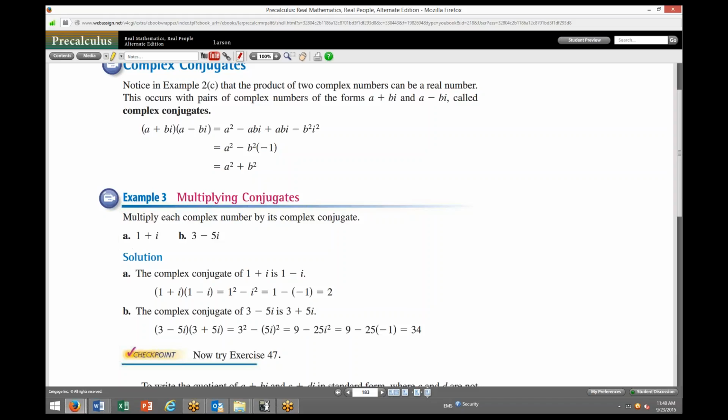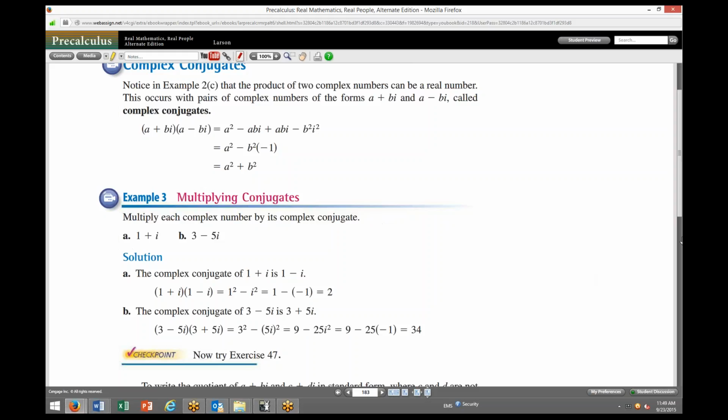So the product of that complex number and its conjugate is just going to be 7 squared plus 4 squared. 49 plus 16 is going to be 65. And you can work that out yourself and see that that's true. 7 minus 4i times 7 plus 4i boils down to just 7 squared plus 4 squared, 65. That's a nice shortcut in multiplying any complex number times its conjugate.